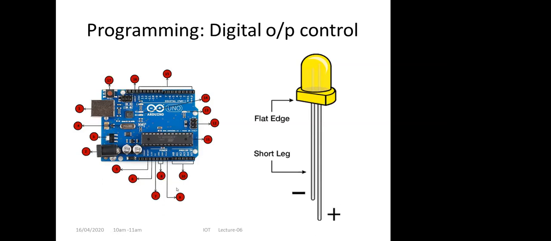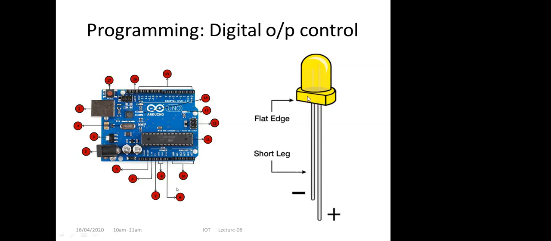and you need to mention that in the program so that there is no issue at all. Again, we'll see here, the ground pin is here, the 13th pin is here. This is the positive one, this is the negative one. The shorter leg is negative, and the longer leg is positive, right? And even on physical LEDs, one side has a flat edge and the other a circular edge.